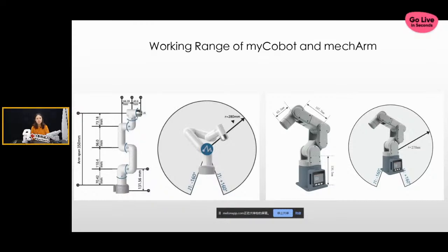So I guess most of you click into this live stream room because you don't know or you want to know the difference between myCobot and mechArm, because both of these robotic arms are 6 DoF and very small desktop robotic arms. There are some differences, so if you are not clear, please stay in this live stream broadcast room and we'll explain to you.